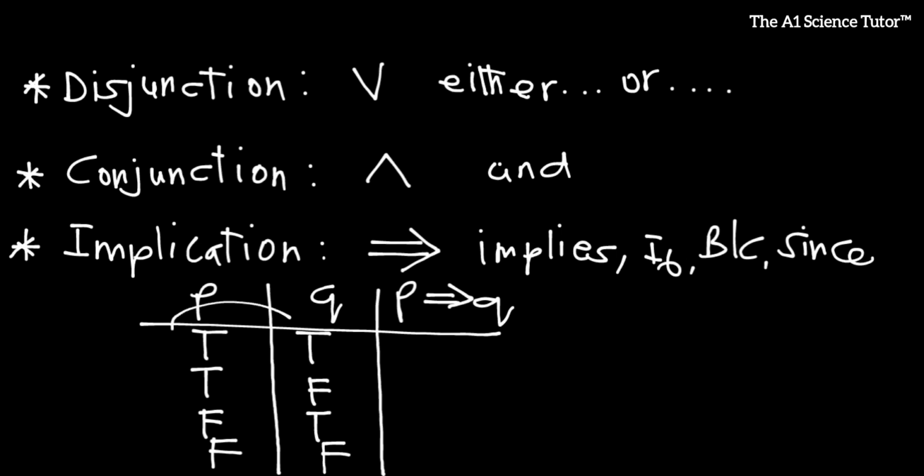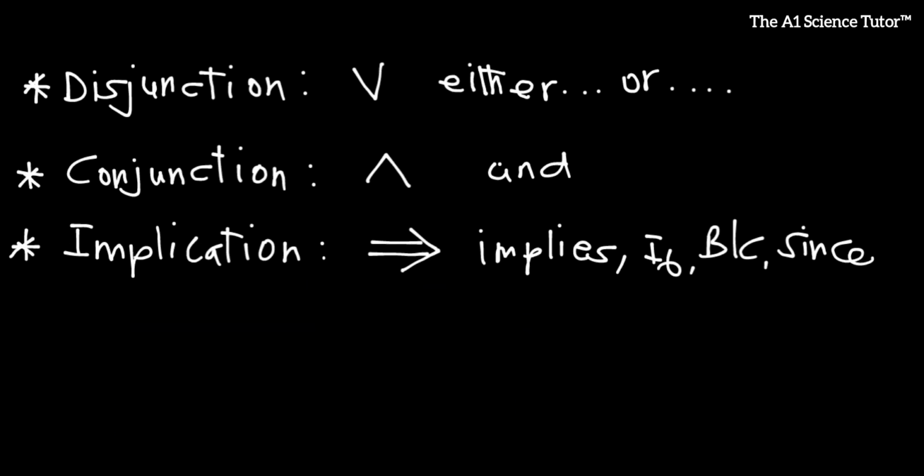Now if you have true and true being implied together, the answer will be true. If you have a true and a false, the same thing that happened in conjunction will happen here. So it's going to change to a false. This is also going to give us a false. But if you have false with a false, then it's actually going to be a true. If a false statement is there, that means it's going to change to a true, right? So that is the stuff under implication. Now take very careful note of all these things because we're going to use them to answer those questions.